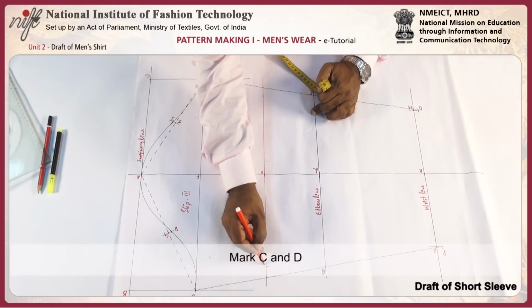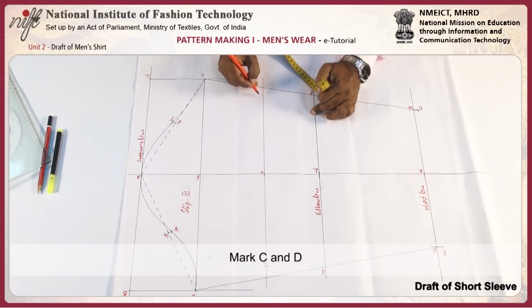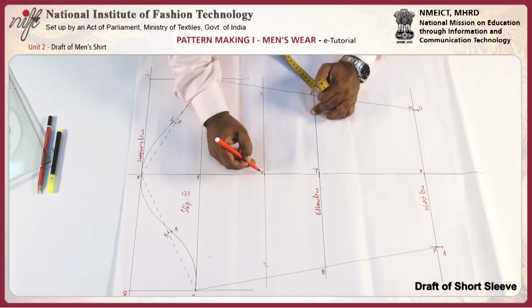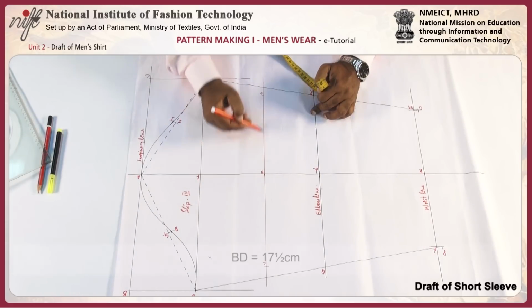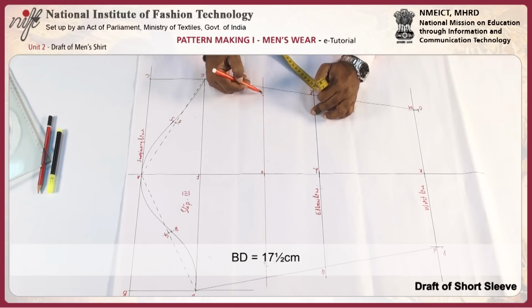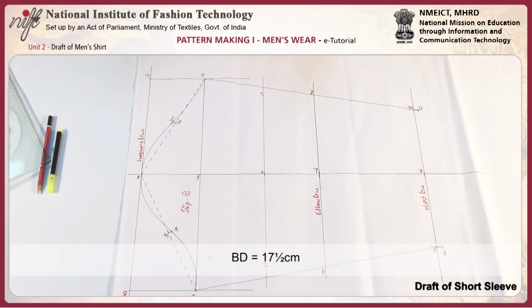This will be C and D. B to C is 17 and half. B to D is also 17 and half, so that on both sides the measurement will be the same.